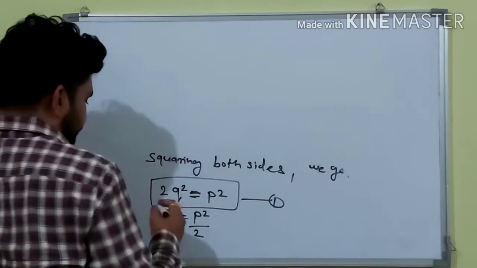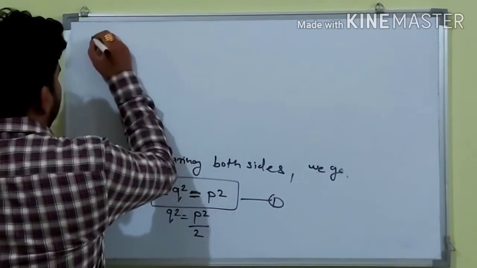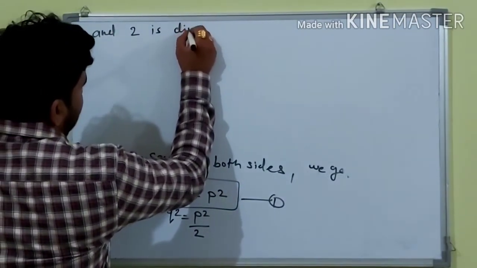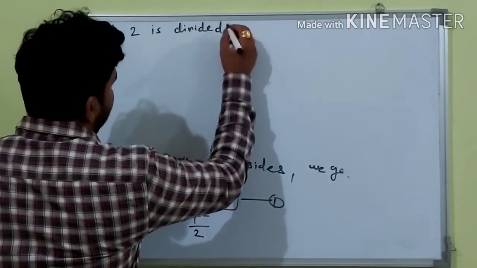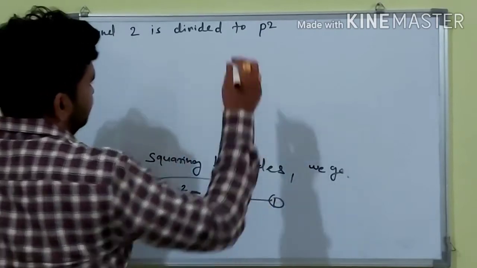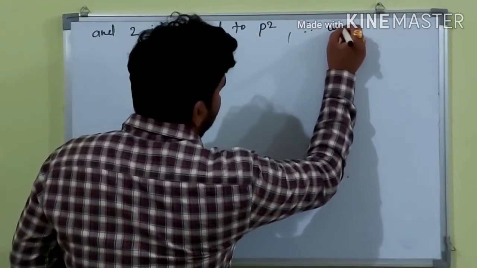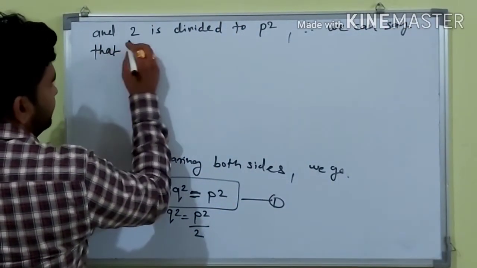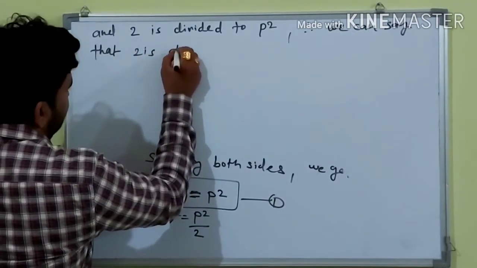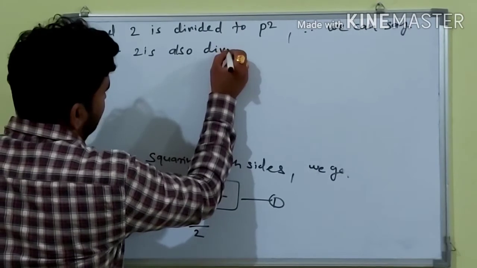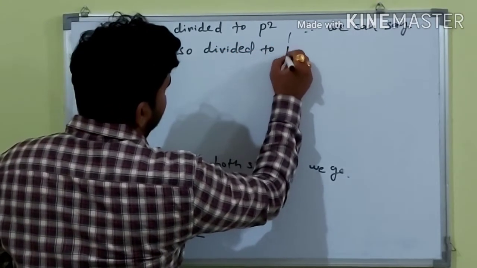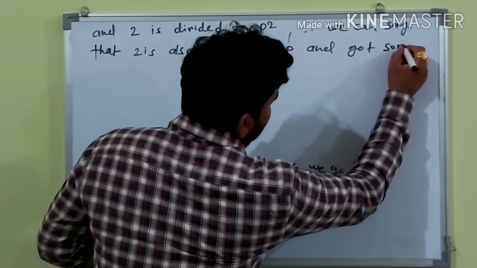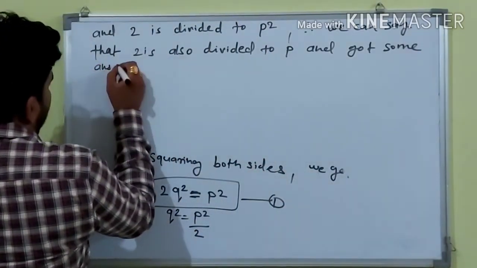And then now, when 2 is divided by 2 is divided to p square, therefore we can say that 2 is also divided to p and got some answer.